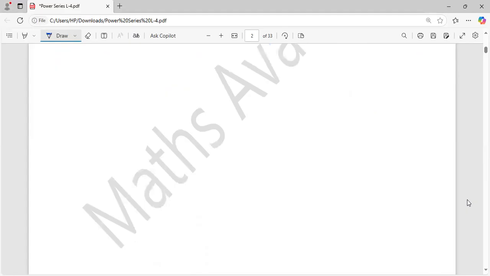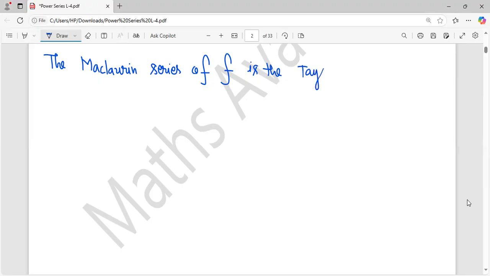And next, what is Maclaurin series? The Maclaurin series of f is the Taylor series generated by f at x equal to 0.